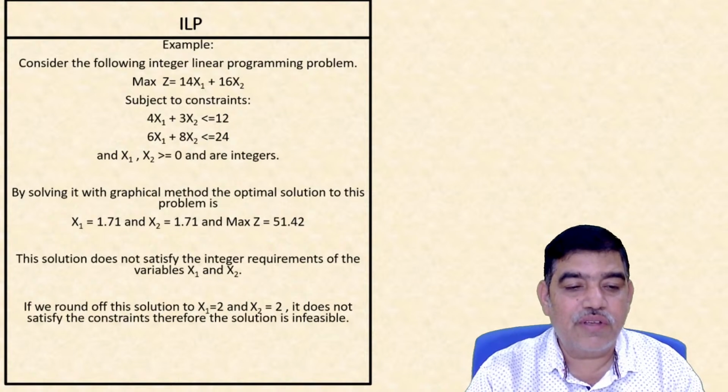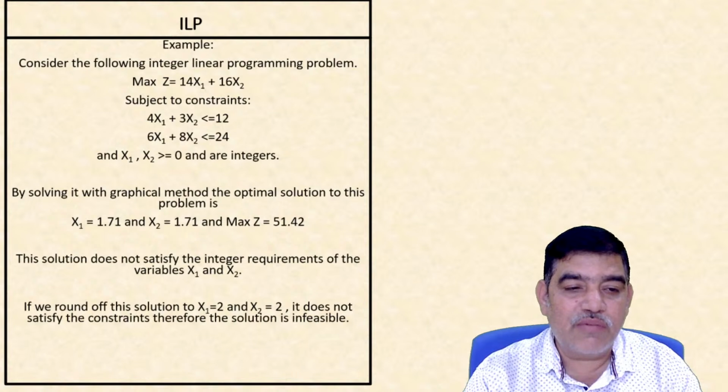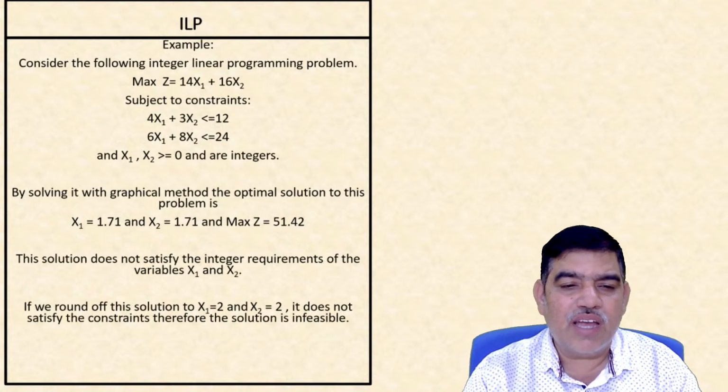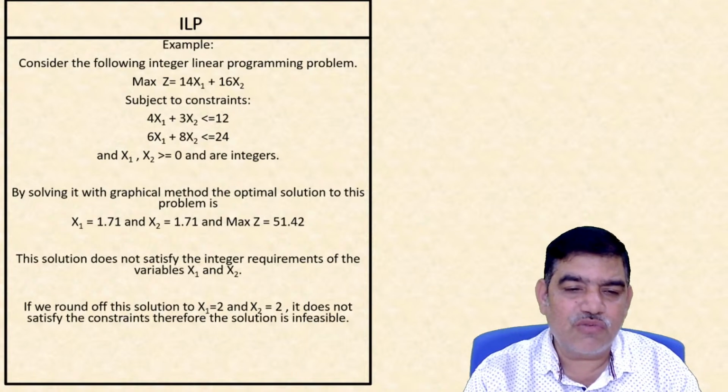Suppose we round off the solution for the decision variables x1 and x2 to become 2 and 2. 1.71 is approximately 2, and x2 equal to 1.71 is also rounded off to 2.